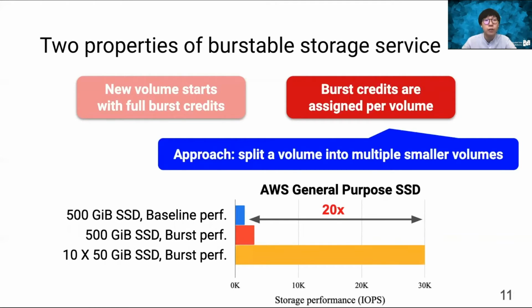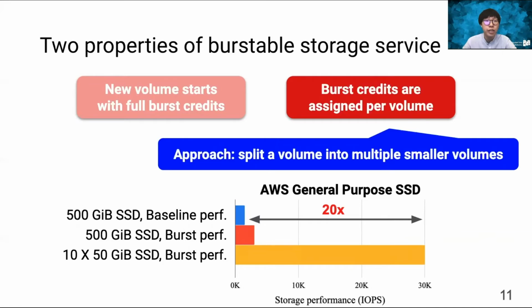However, if you use 10 50GB SSDs instead of a single 500GB SSD, each small SSD can burst up to 3000 IOPS, so the aggregated burst throughput of that set of 10 small SSDs is 30,000 IOPS, which is 20 times higher than the baseline throughput of the 500GB SSD, and even 10 times higher than the burst throughput of that single SSD.